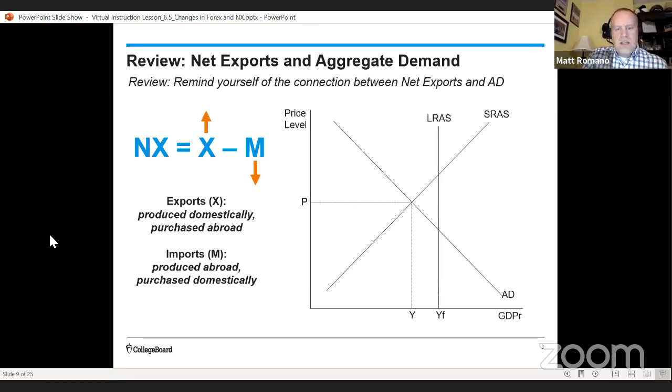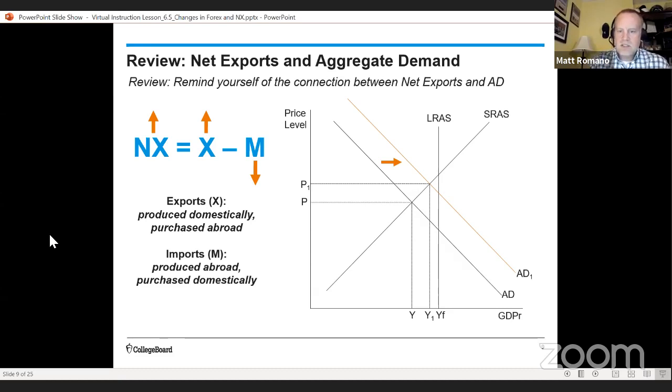On one hand, let's say that exports are rising in this country while imports are falling. If that is the case, net exports are going to go up. And as we know, net exports have a positive relationship with aggregate demand. So if there's an increase in net exports, we're going to see a rightward shift in aggregate demand, an increase in aggregate demand, indicating that there's more money being spent on domestically produced goods.